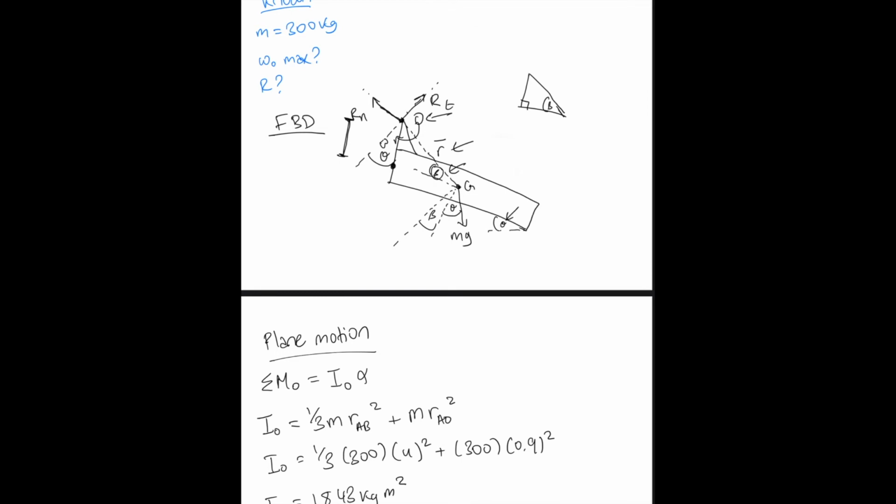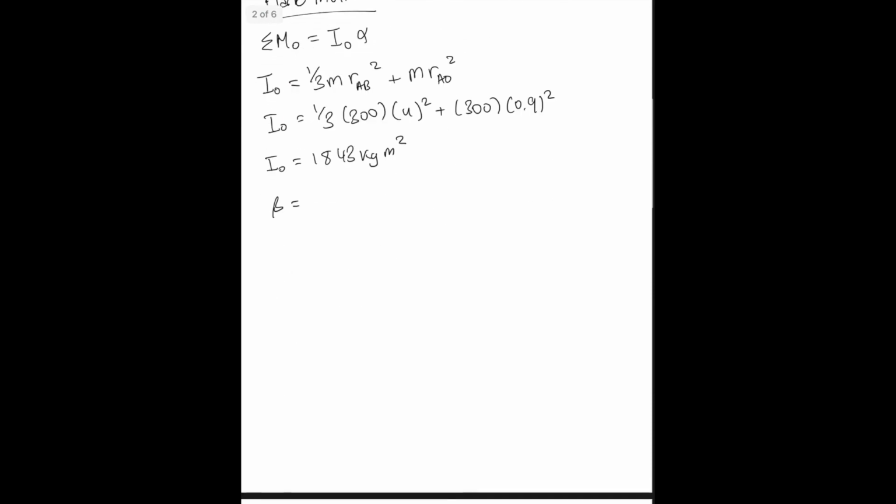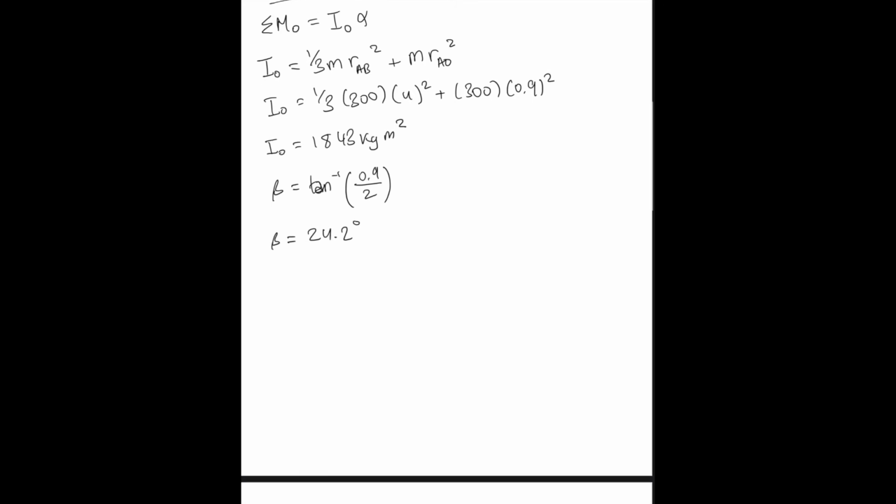And we know the distance from O to A, which is 0.9 meters. And we also know the distance from A to G, which is 2 meters. So the angle beta is going to be equal to arctan of 0.9 over 2, which gives us 24.2 degrees.